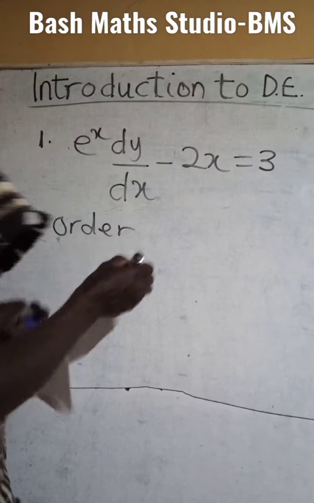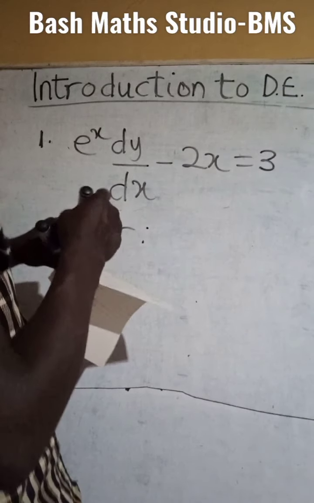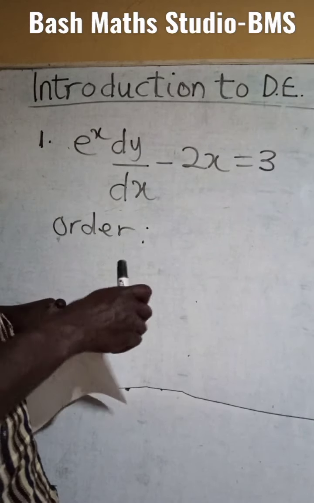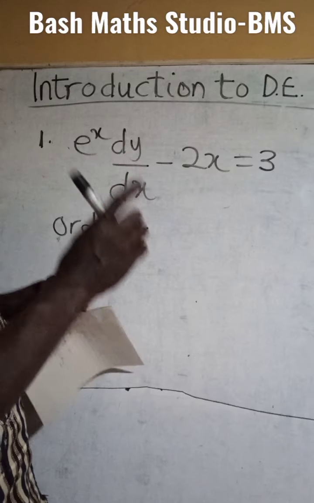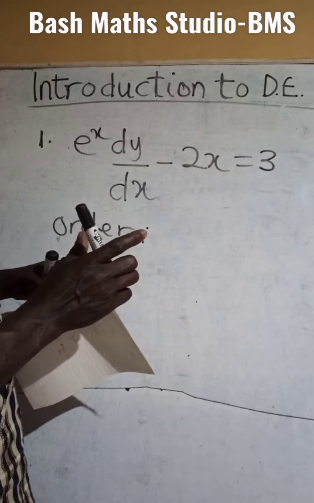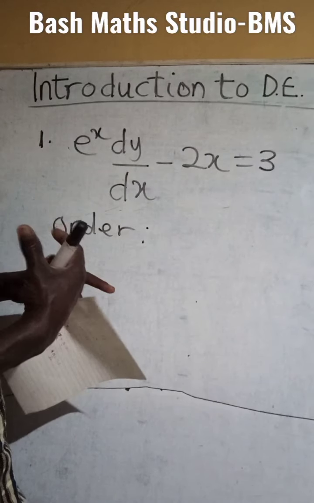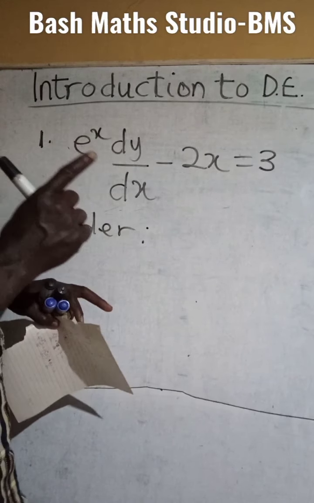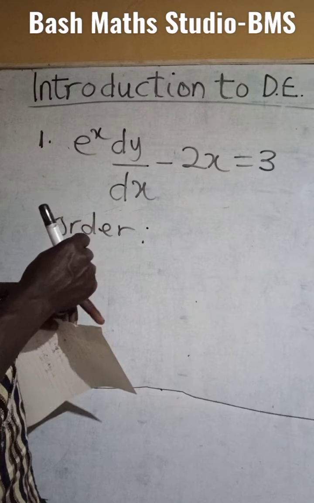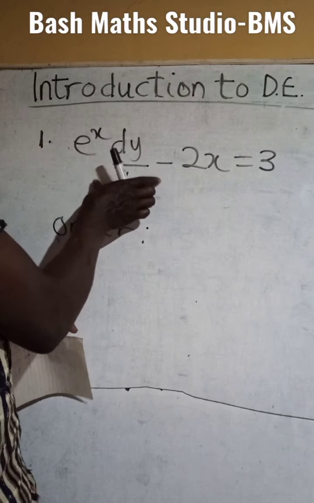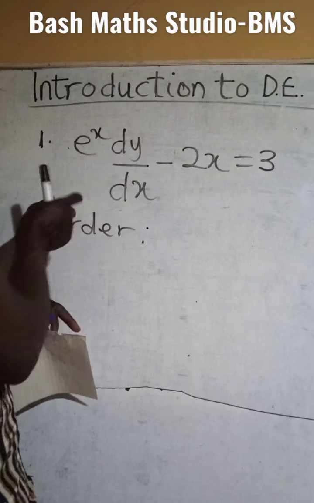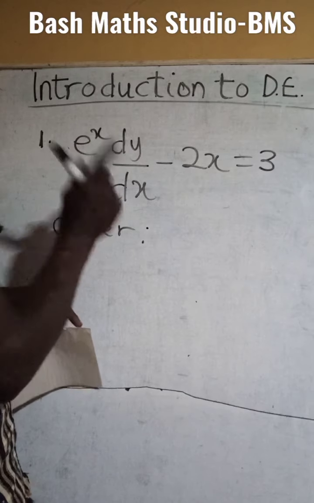The order of a differential equation is the highest derivative of the differential equation. So with this differential equation, the highest derivative there is dy dx.